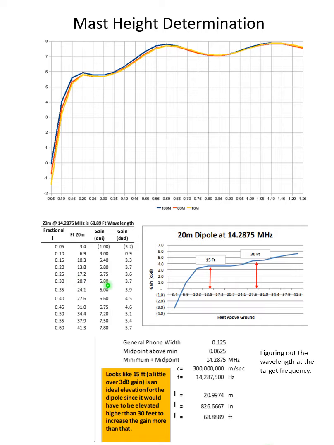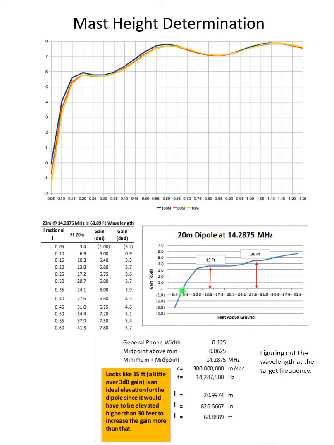And this was the gain for the isotropic antenna, and then I translated that with the 2.15 adjustment for a dipole antenna, because I wanted to see the gains of the dipole. So what we end up with here is this little plot that shows us what the gain would be at different heights above the ground.